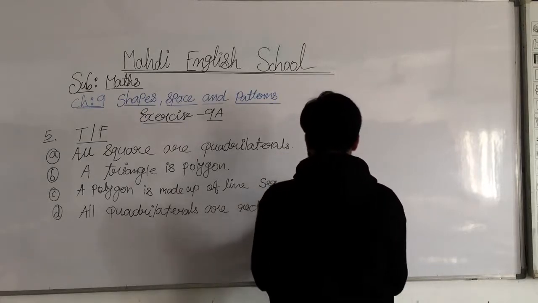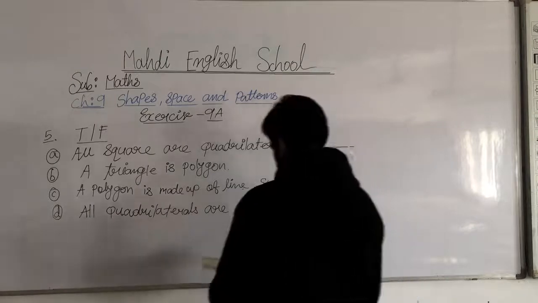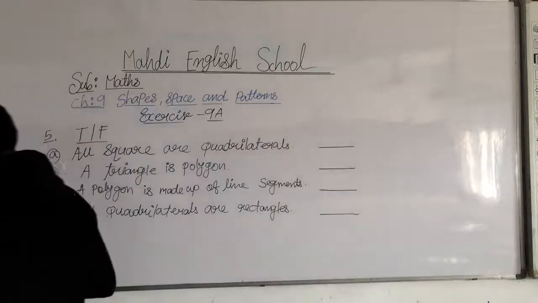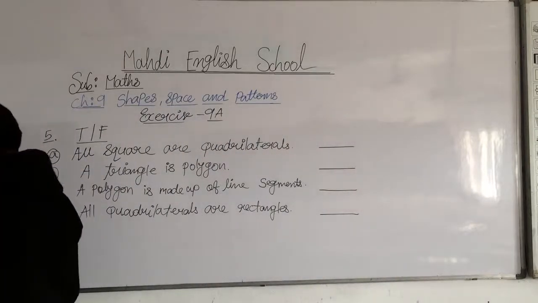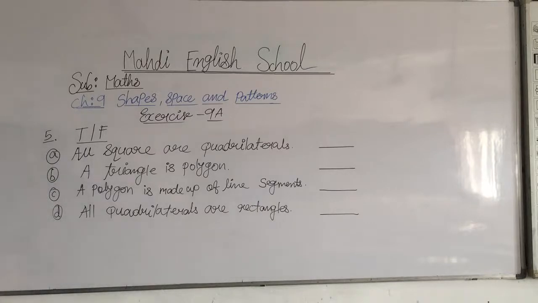So now we note down the questions, and then we will solve them with the reasons. So note down all the questions, my dear students, and then we will move on further. Now you note down T or F, question number A, B, C or D. Then we will move on.